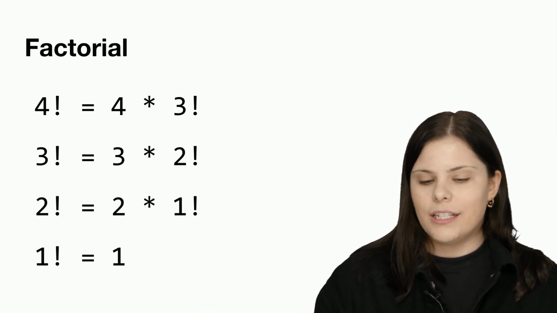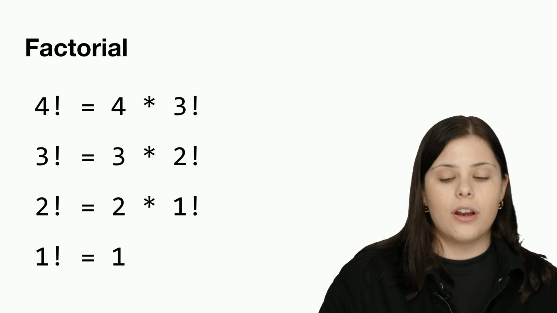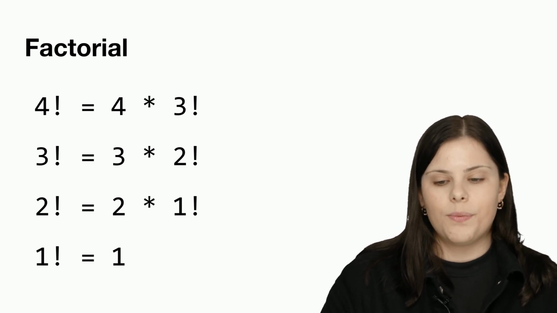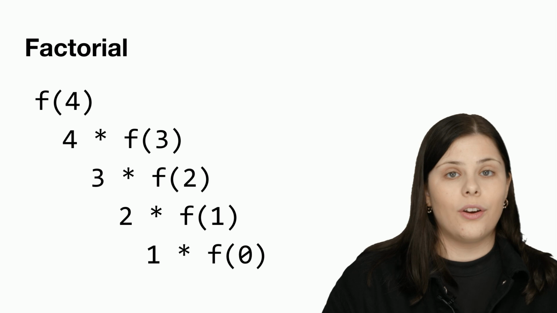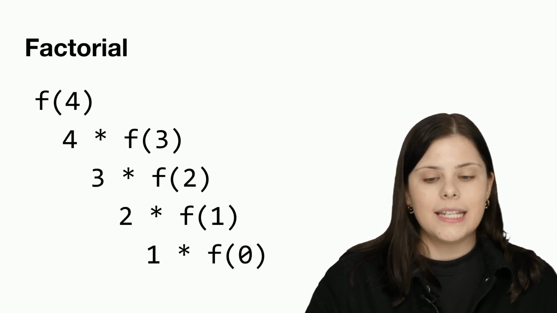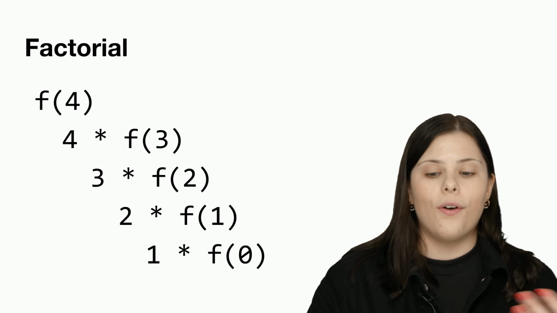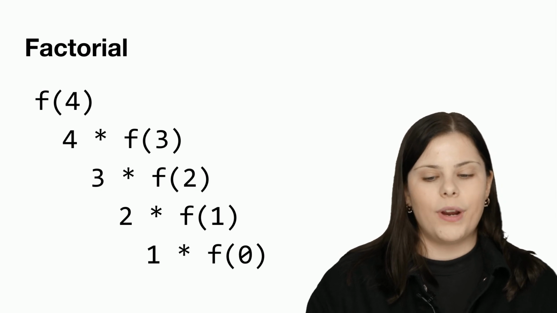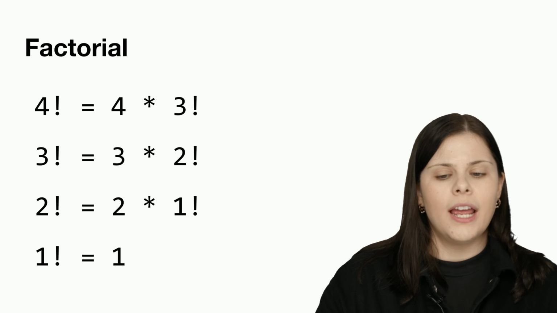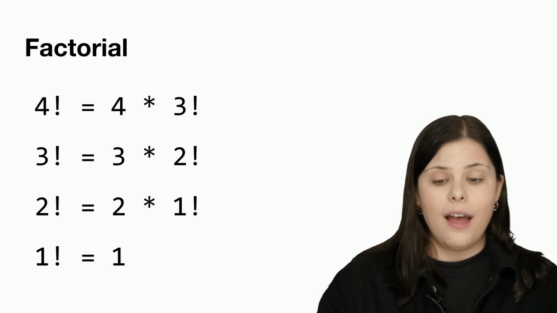So let's consider how we might want to write it in code. We're not going to switch to code yet, but let's imagine that we have a function called f that calculates factorial of a number, and I want to calculate factorial of 4. This is how I would break it down. You can just imagine I'm substituting exclamation marks with the function f.